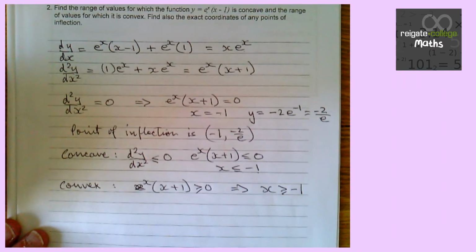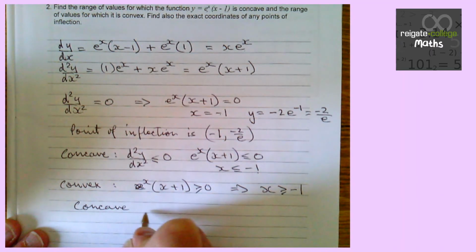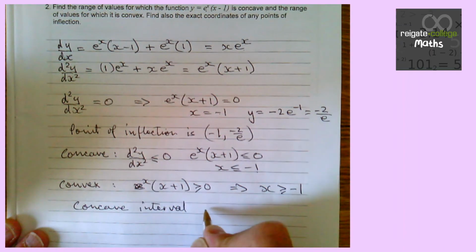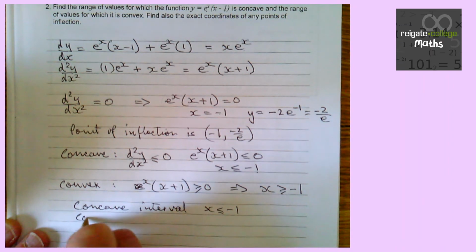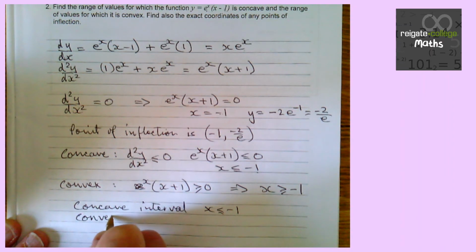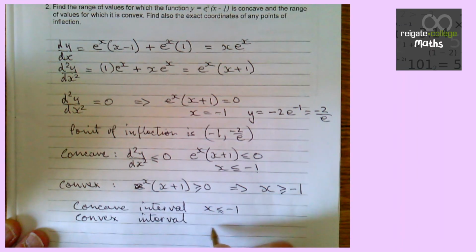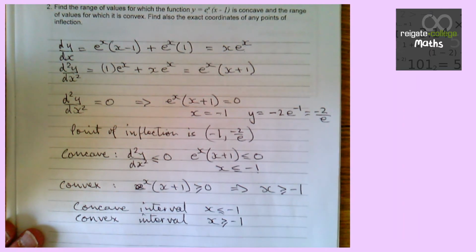So we could summarize by saying concave interval is x is less than or equal to minus 1. Convex interval, x is greater than or equal to minus 1. And we've finished that question.